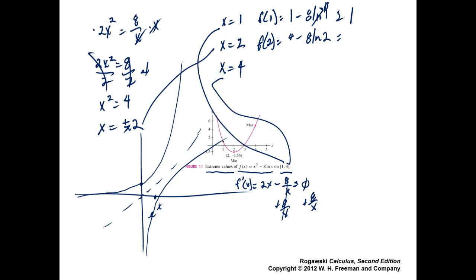It's the ln 2. It's approximately 0.6931. Would you like to plug in the rest? Yeah, I wanted the whole thing.